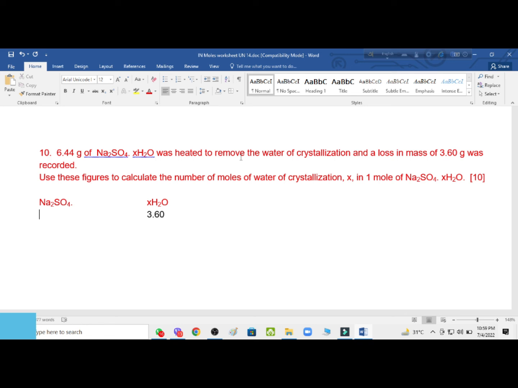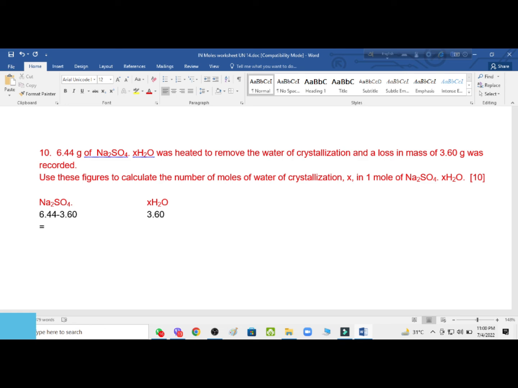This is 6.44. Together mass and alone water is 3.60. So what do you get here? 6.44 minus 3.60.